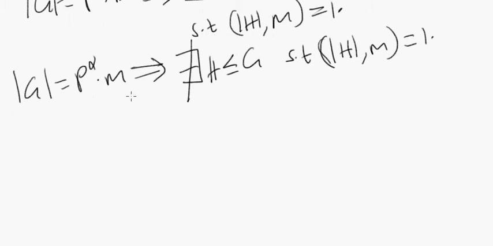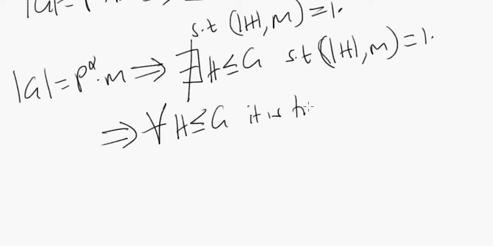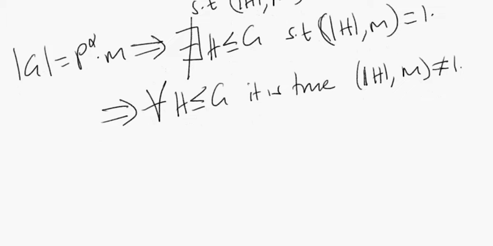How else can we write it instead of saying that it does not exist? Can we say that for all subgroups H of G, it is true that the GCD of the order of H and m does not equal 1?